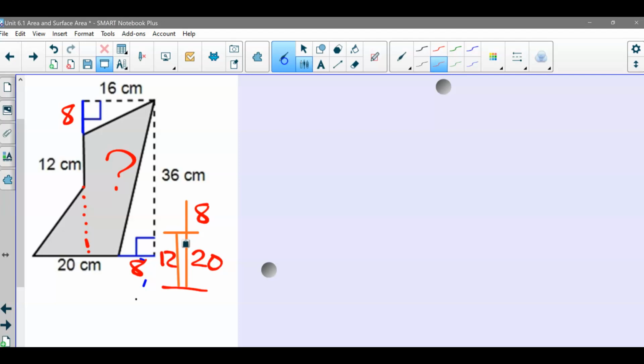Okay. Let's unconfuzzle. Everyone. We have this entire piece right here, yes? They gave us information that I can make that a pretend rectangle.